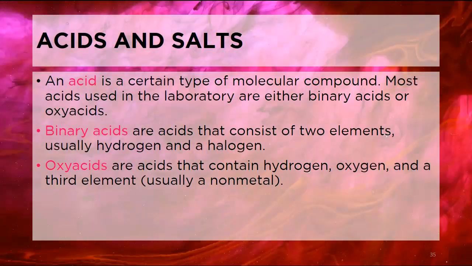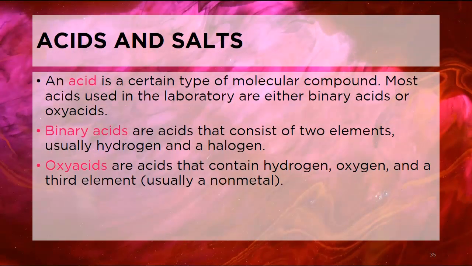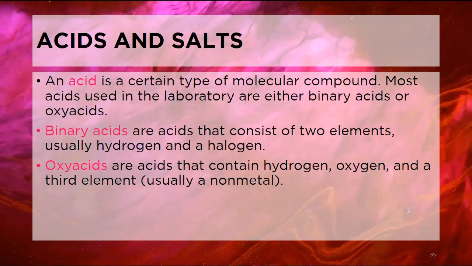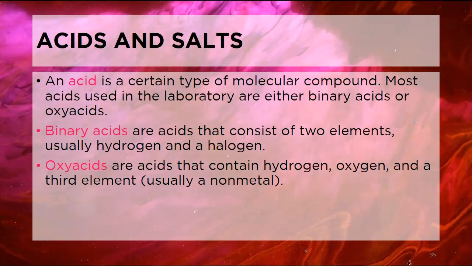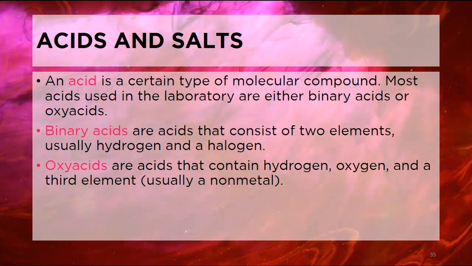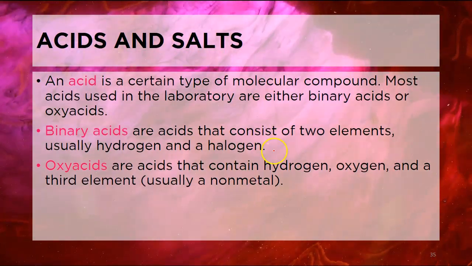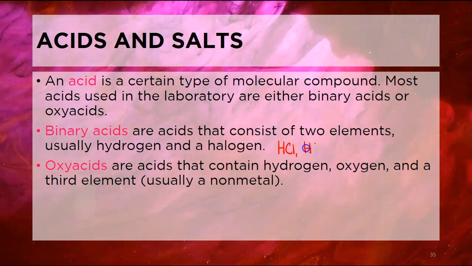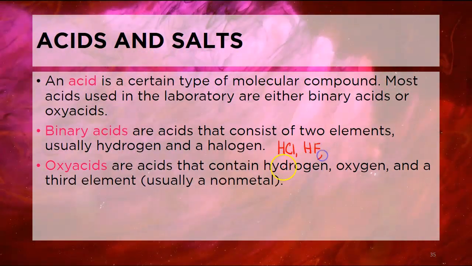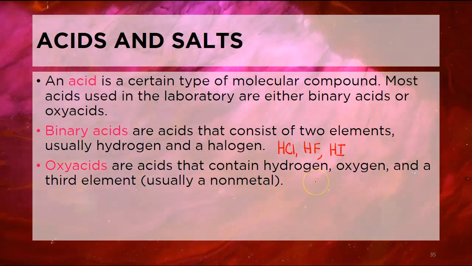They're either going to be binary acids, meaning that they only have two elements, or they're going to be oxyacids, meaning they have hydrogen, oxygen, and another element, usually a non-metal. So some examples could be, for binary acids, we have HCl, HF, so hydrochloric acid, hydrofluoric acid, hydroiodic acid.